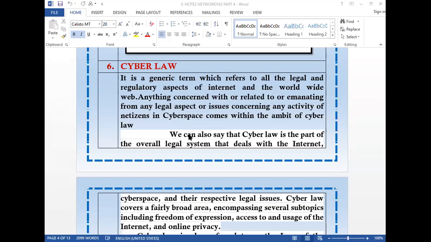Beta, netizens are the persons, the users who are using the internet. The users who are using the internet are called netizens. In cyberspace comes within the ambit of cyber law. Beta, the meaning of the word ambit is boundary, limit. What in Hindi you call daira.